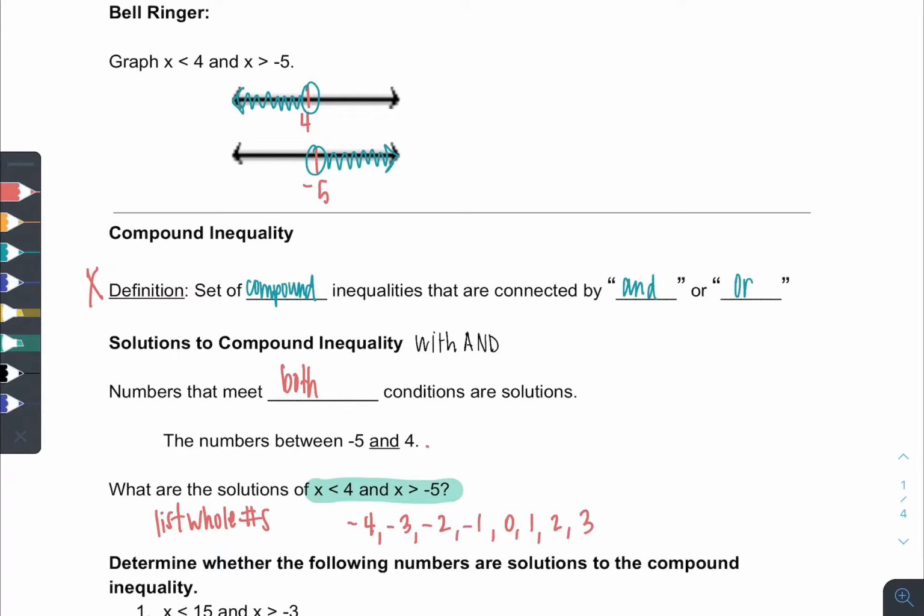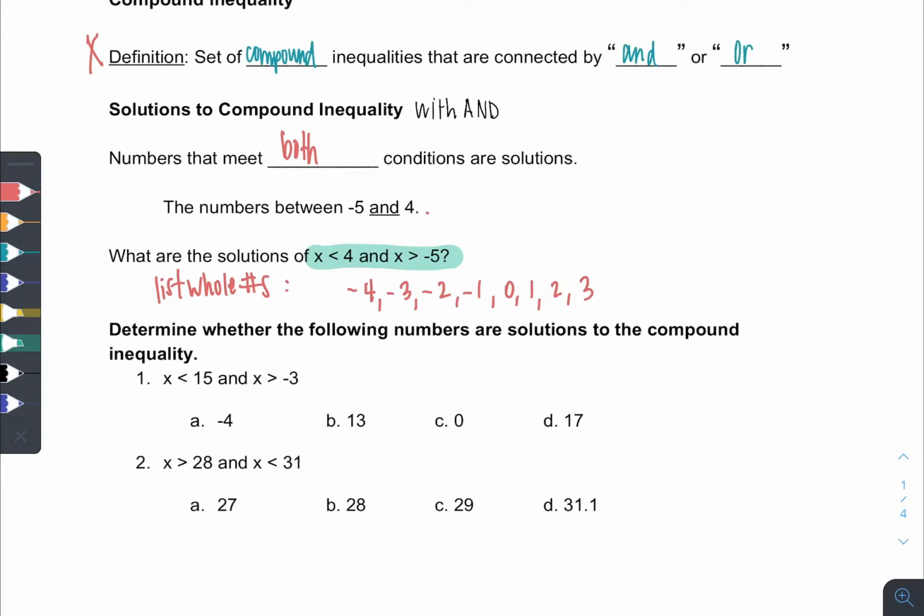Those are all the whole number solutions that are between 4 and -5. If we were to test each of these numbers, like -4 for example, -4 is less than 4, and -4 is also greater than -5. You could do that for every single one of these numbers.